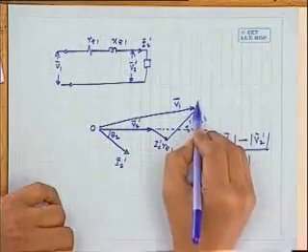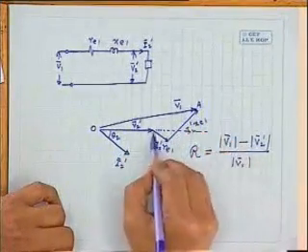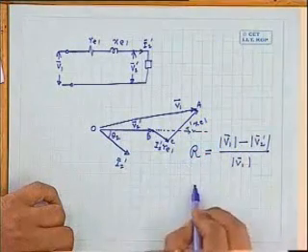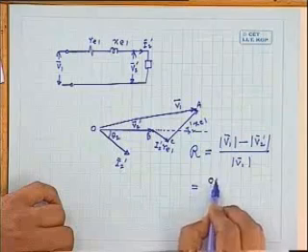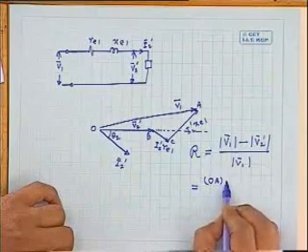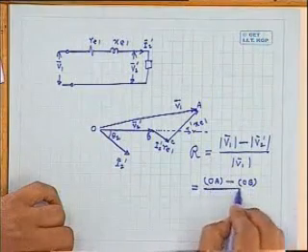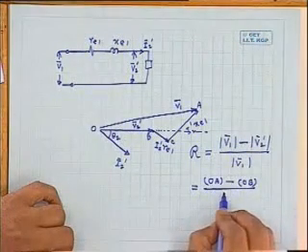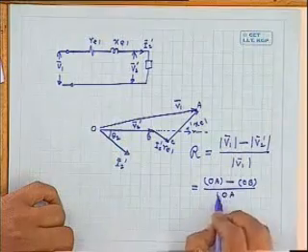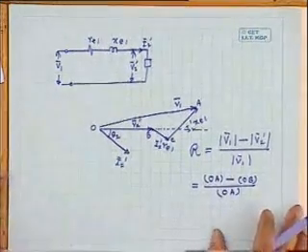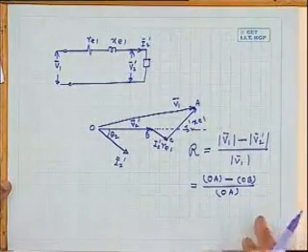So note that if you extend this, this is suppose O, this is suppose A, this point is suppose B, this is suppose C. I can say that the regulation will be this length OA minus OB divided by OA.